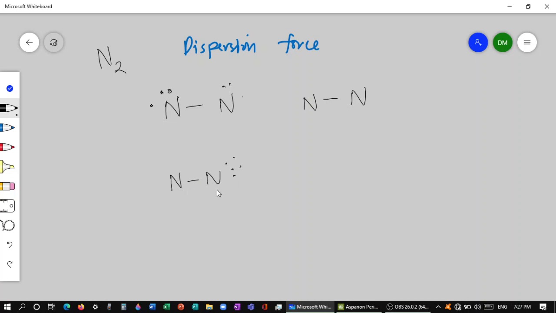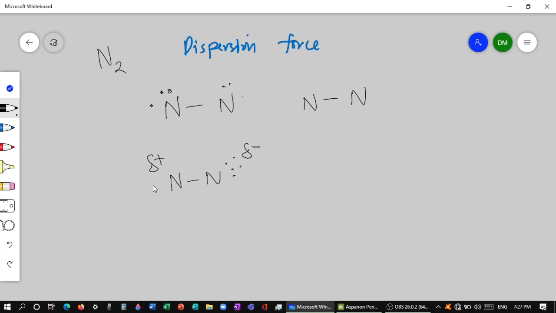So in this case, this part has more electrons compared to this one. This will give a slight charge, so it will give this side a slightly negative charge, and the other side a slightly positive charge, because all the electrons are on this side, and on this side there are fewer electrons.